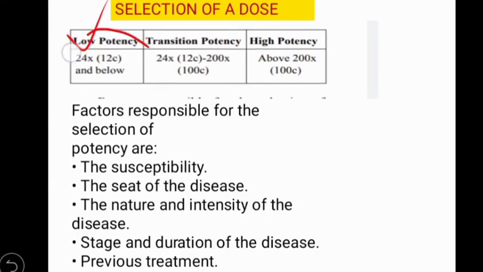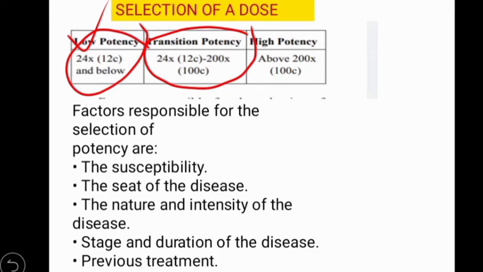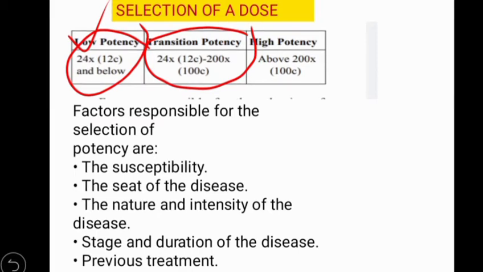Up to this drug power we consider low potency. Then transition potency means intermediate potency, between 24 and 200X. Here X represents the decimal scale, where C represents the centesimal scale. And high potency means above 200X, which we can say is the 100 centesimal scale.